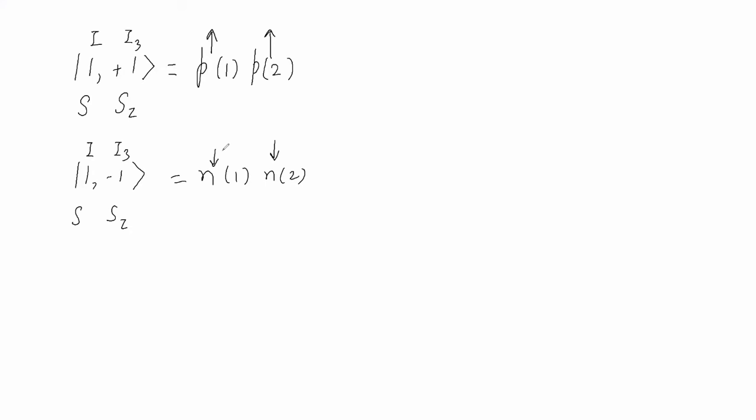Therefore, what you realize is that by making these two states identical with the spin projections in the upward direction, Pauli exclusion principle won't allow such a system to exist.